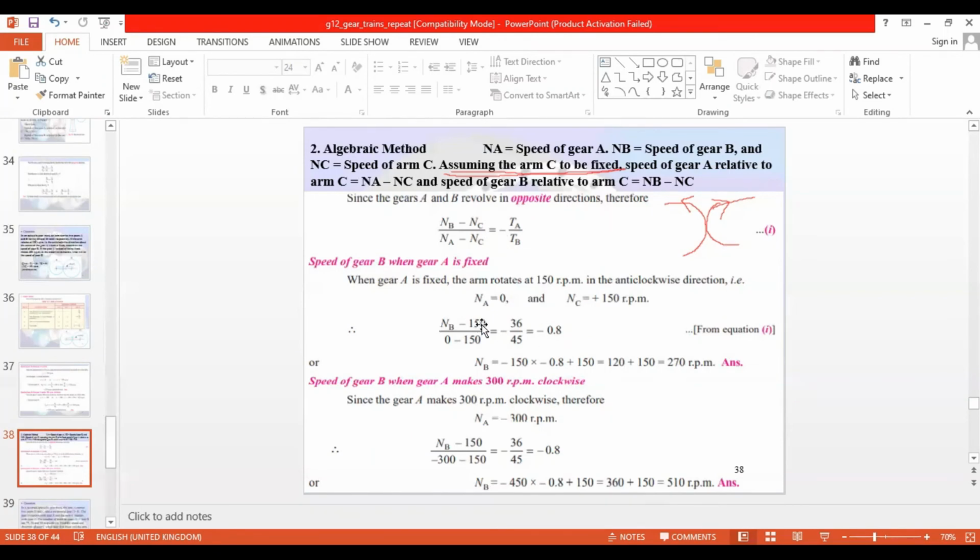So NB minus 150 is equal to 120, and NB is equal to 150 plus 120, that is 270 RPM.